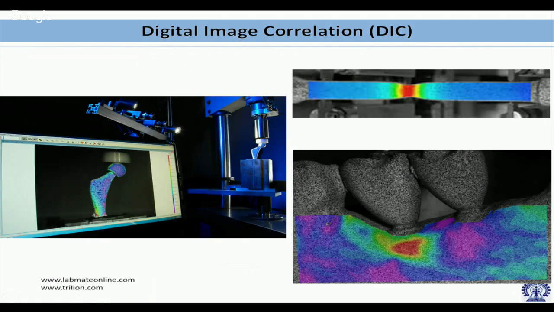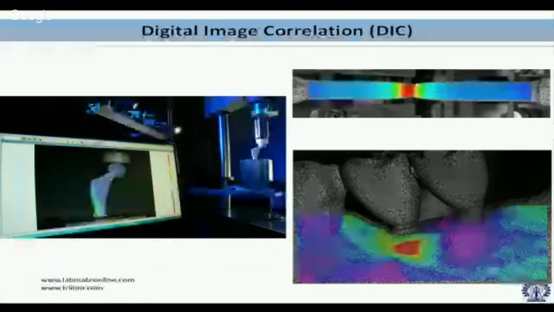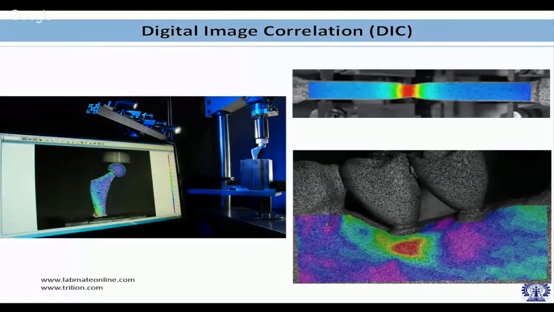So there has been a lot of work going on parallelly to measure full field strain, and digital image correlation is a very non-invasive technique. It is a non-contact technique. Contrary to the strain gauge, where you have to fix the gauge with glue and do all the instrumentation very precisely, and only then will you get a very good quality result.